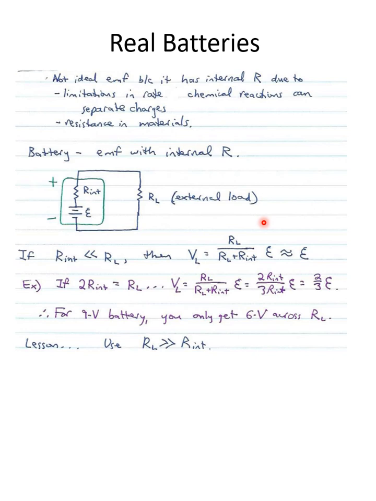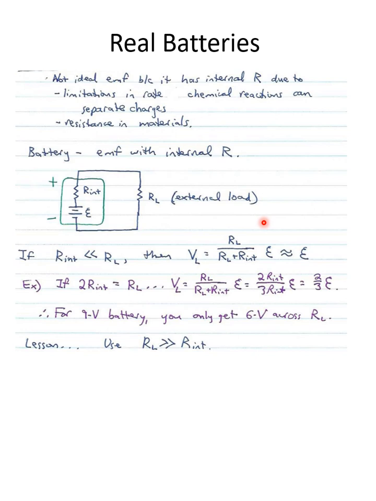But remember, now we're imagining that there's an internal resistor inside that battery. So the denominator has the sum of those resistances. And if that internal resistance is negligible, then the voltage drop across the external load is simply the voltage of the battery.